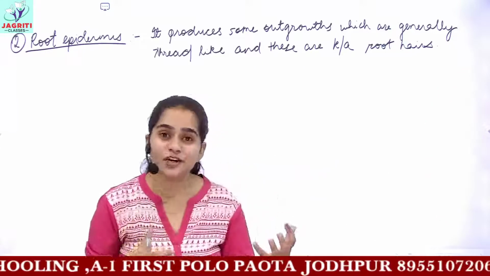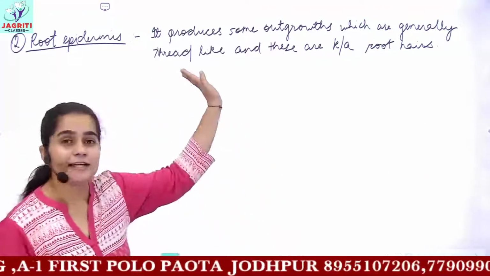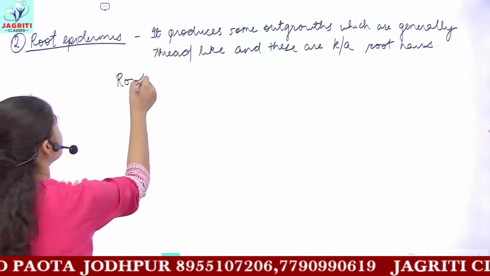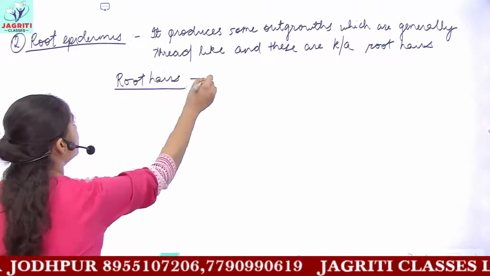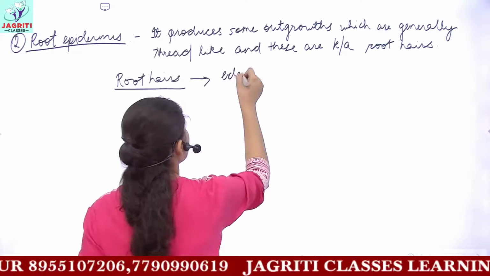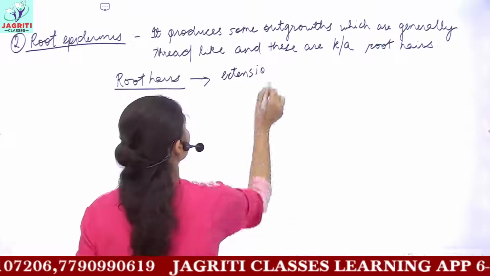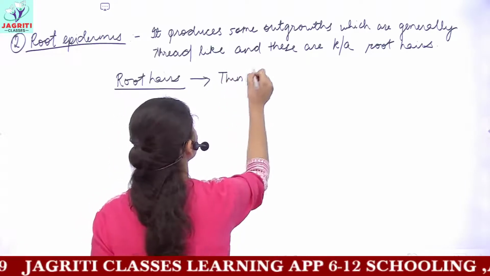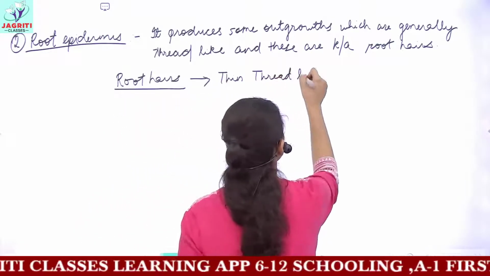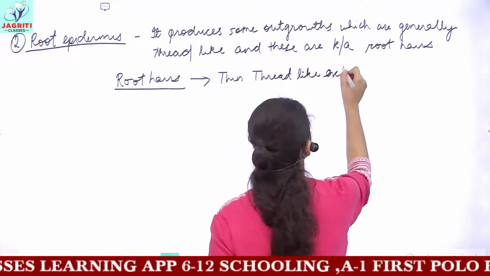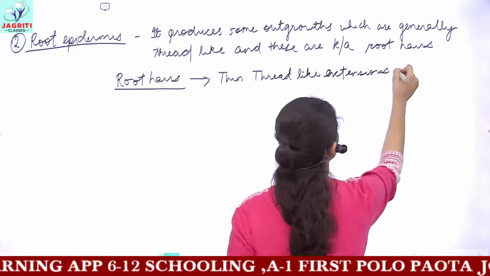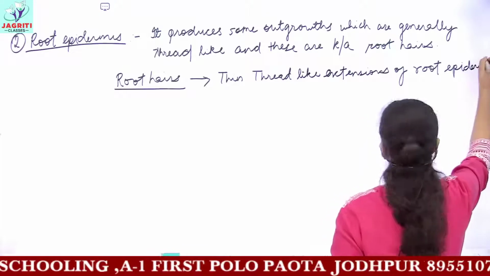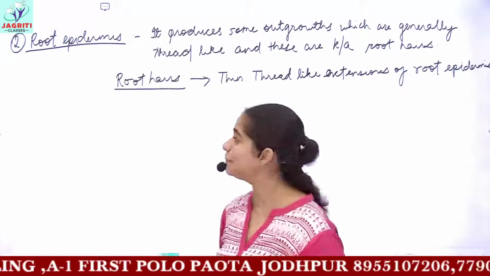So the extension of root epidermis into thread-like structures are called root hairs. You can also define root hairs in the other manner which I told you just now: root hairs are the thin thread-like extensions of root epidermis.